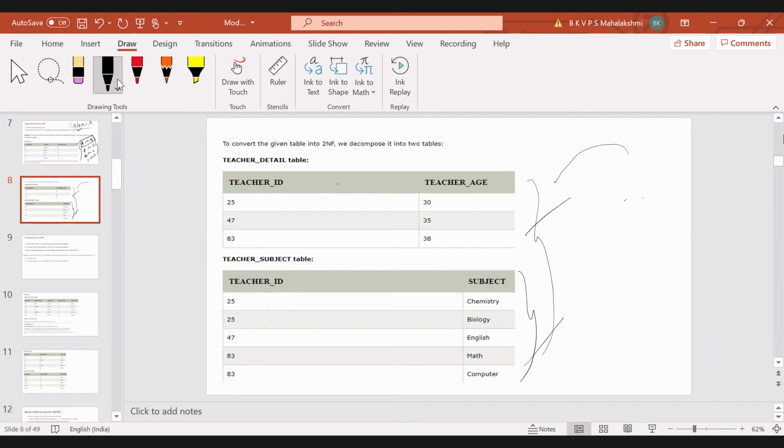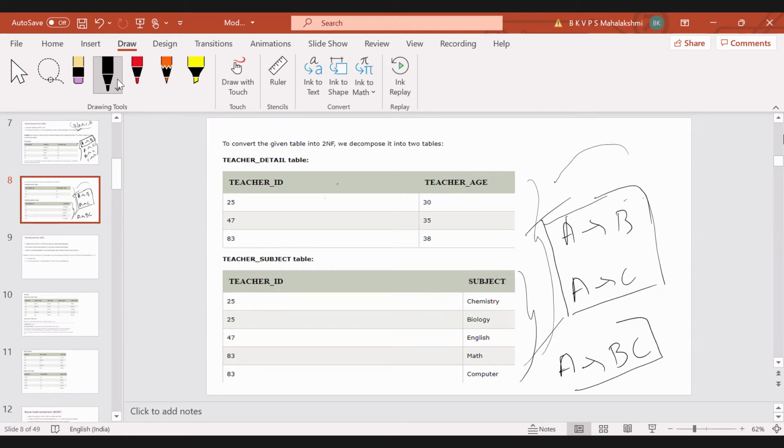That means here A tends to B and A tends to C, the two functional dependencies. Even after I have decomposed, if I combine both the two tables, again I will get the original table.